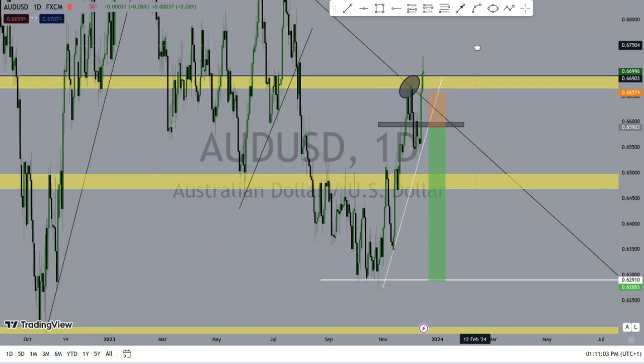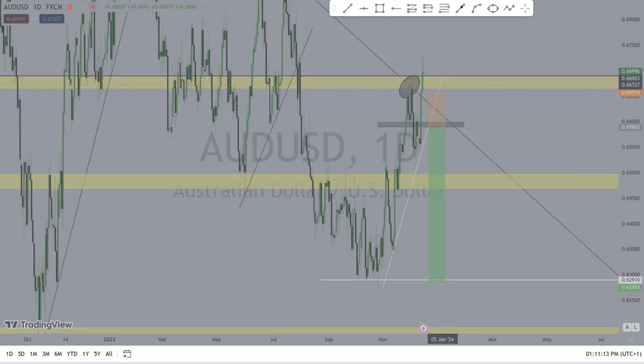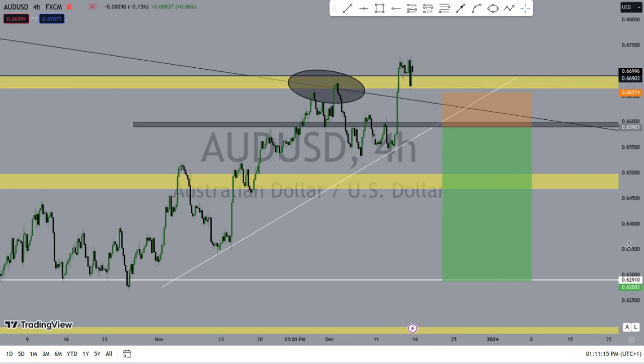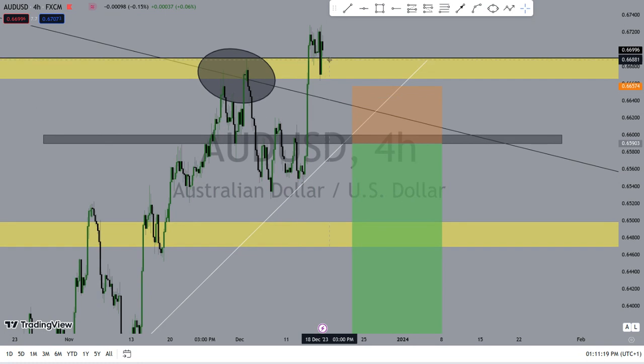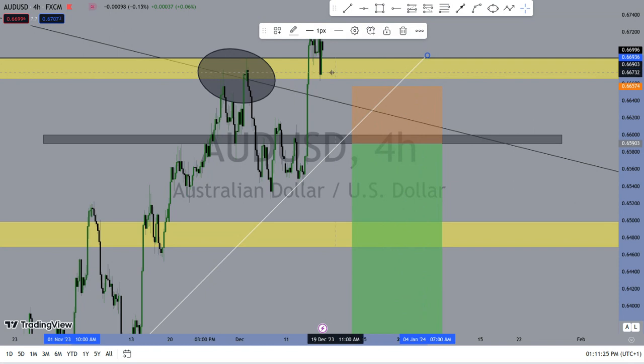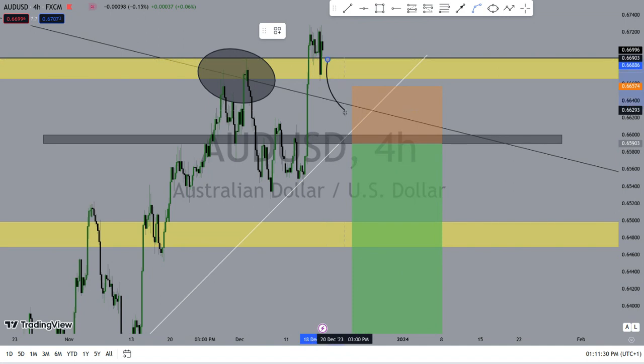We don't really know if this is gonna be kind of like a stop hunt around this region. We can't clearly describe the outcome, but our selling bias will still be if price comes back to trade below this trend line.